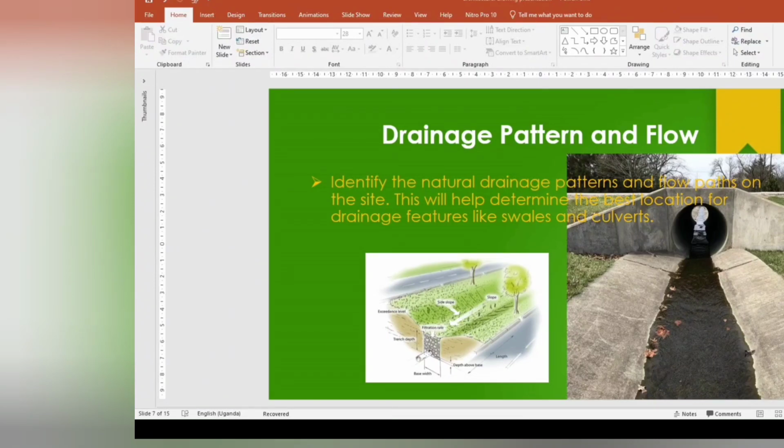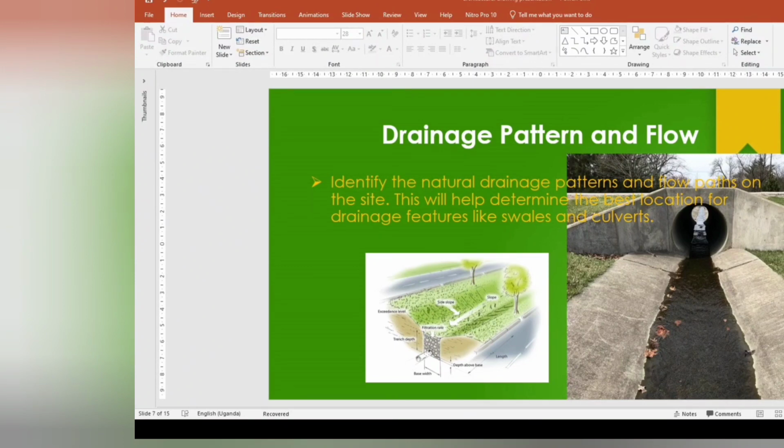Under permeable surfaces, using permeable surfaces like gravel or permeable pavers in driveways and walkways allows water to infiltrate the ground instead of running off into the storm drains. Meaning, you must use permeable surfaces like gravel and permeable pavers.